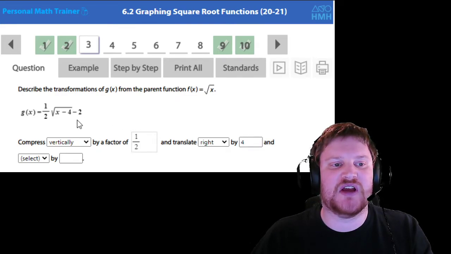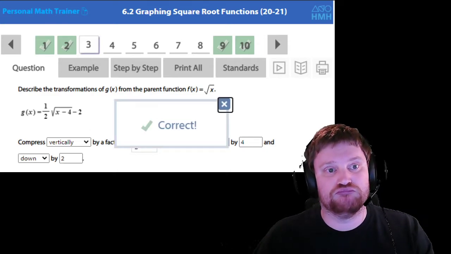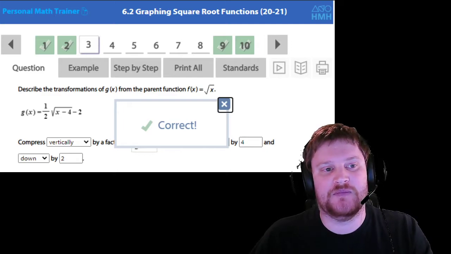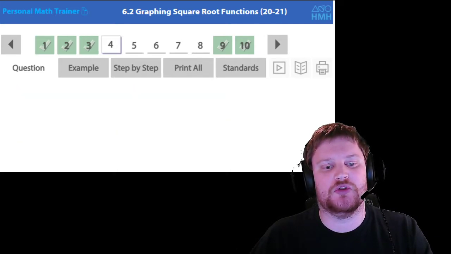This is on the outside, that means it's up and down. And it also means it's not backwards and stupid. It's just the way you think it should. Negative means down. And then the number is 2, so it's going to move down 2. Super tough, right? Let's take a look at one more example, and then I'll leave you guys to do your own.